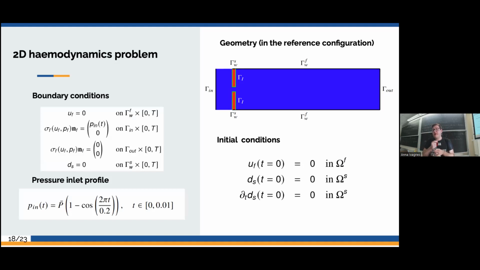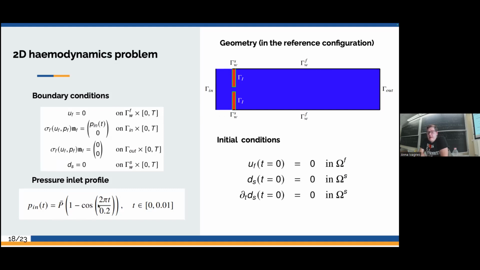And then we impose the following boundary and initial conditions. We impose no slip conditions on the fluid walls here and here. Then we impose a free outflow on the part of the boundary gamma out, and some impulse on the part of the boundary gamma in for the fluid part, where the pressure profile is given by the following function here.